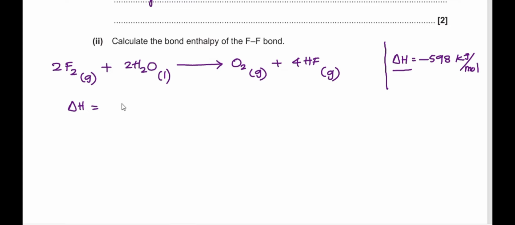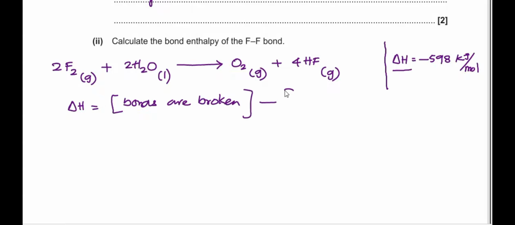So we could write this as delta H is equal to energy taken in when the bonds are broken minus energy released when the bonds are made. By completing this equation, we can find out the fluorine-fluorine bond enthalpy.